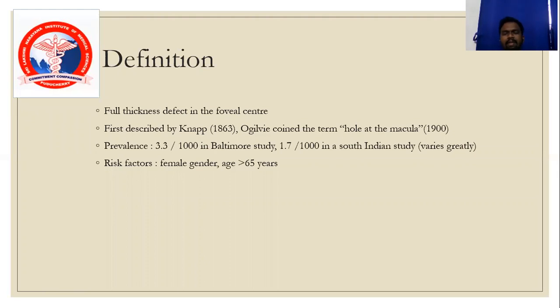So what are the risk factors that can cause a patient to develop macular holes? Female gender, and older individuals who are more than 65 years of age are more prone to develop an idiopathic macular hole.